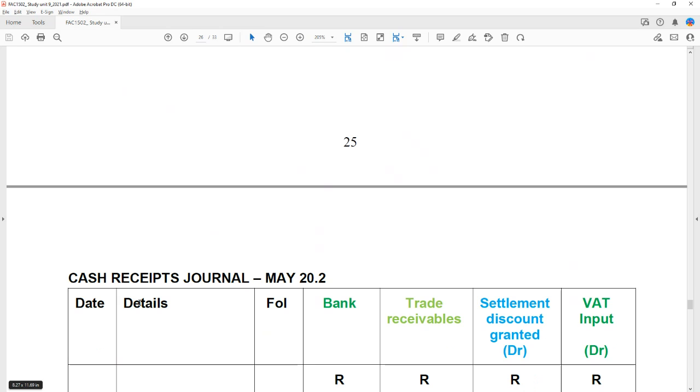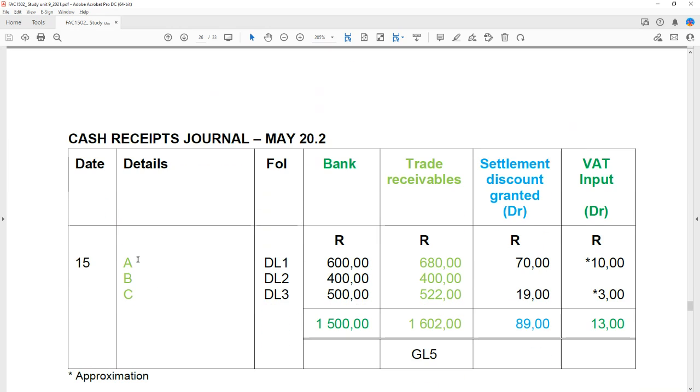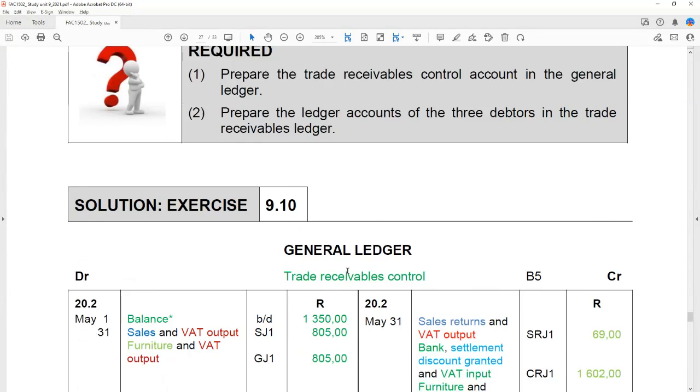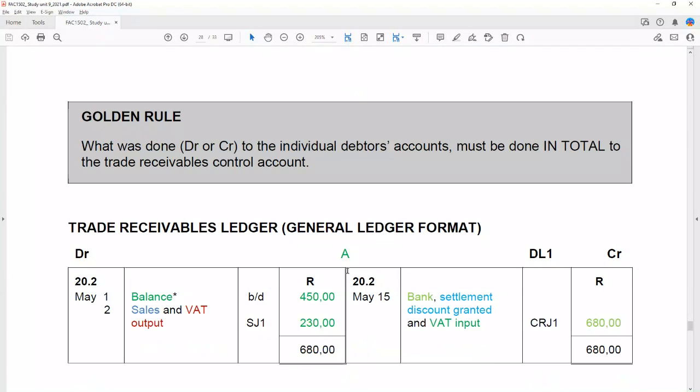Then we have our cash receipts journal, where A paid us on the 15th. He paid us 600 Rand, but he owed us 680, and we gave him settlement discount of 70 plus then the VAT input, and that makes the 680 minus the 80 will give us the 600 Rand for A. So on the 15th, we have a transaction for debtor A. Therefore, on the 15th of May, we said bank, settlement discount granted and VAT input is 680.